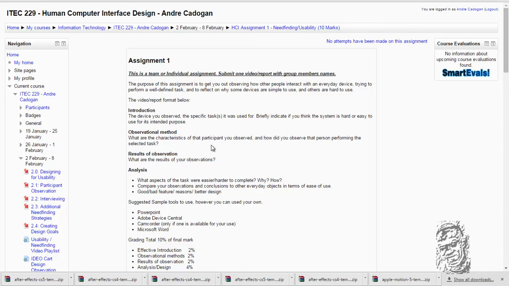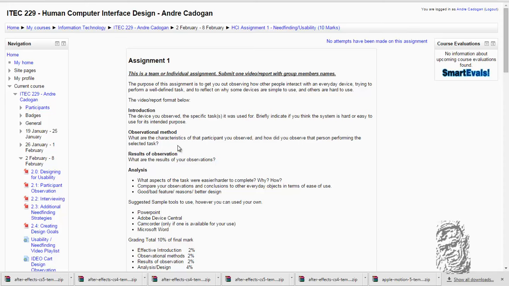And of course, when you do your evaluation, observing the person on the task, some of those things will come out, and you're going to report on them as well. For the observational methods, you're going to look at the characteristics of the participant.